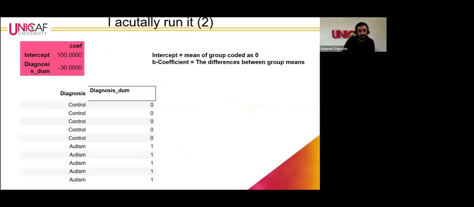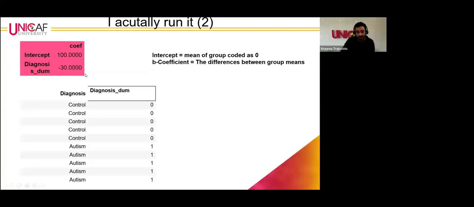For example, if I have individuals diagnosed with autism and individuals in a control group, the control group will be coded as 0, and the line will start from their mean IQ, which is 100.